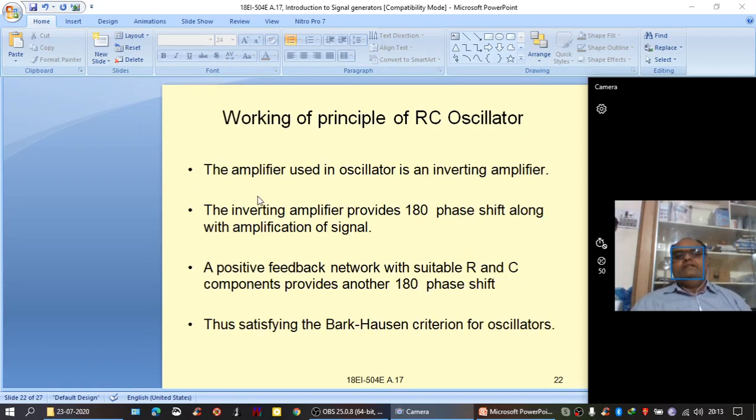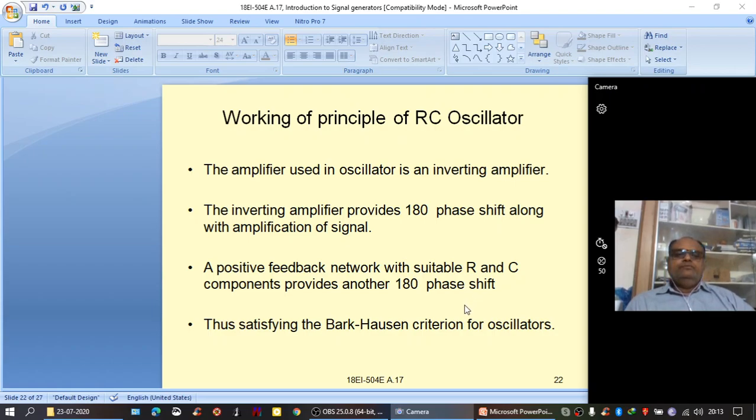The amplifier is used in the oscillator in inverting amplifier mode. The inverting amplifier produces 180 degrees phase shift along with the amplification of the signal.